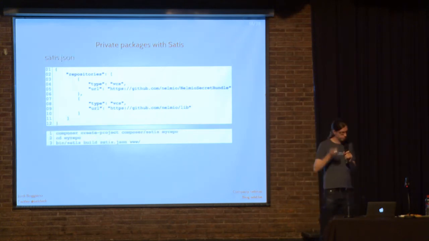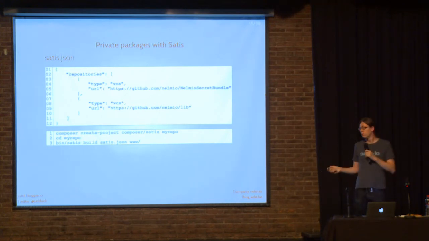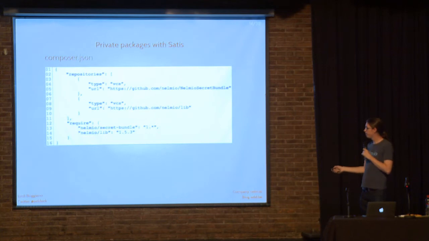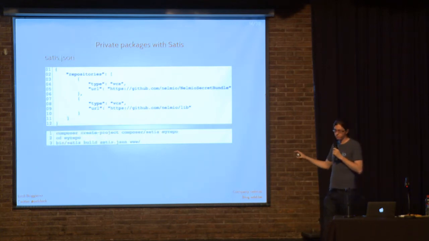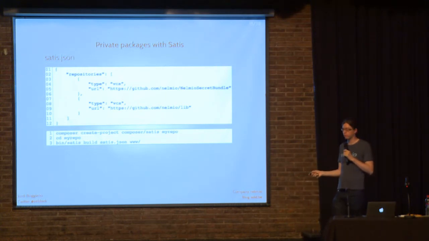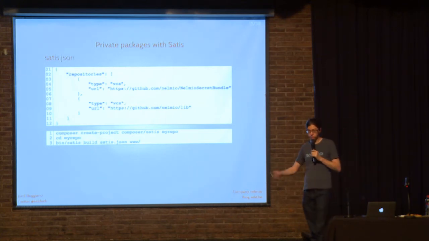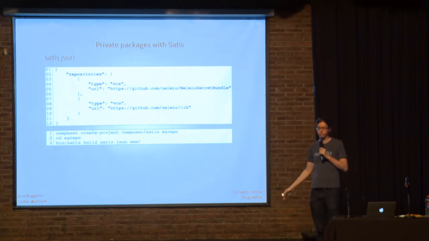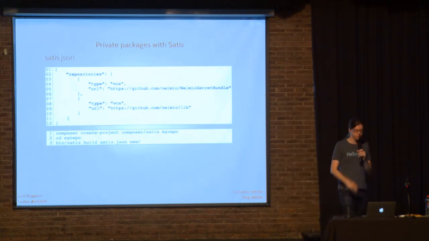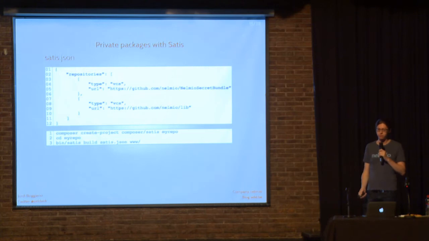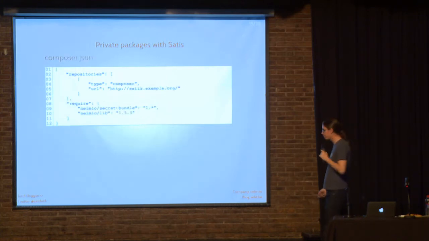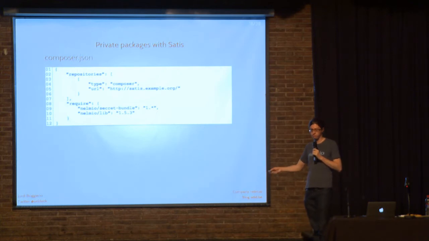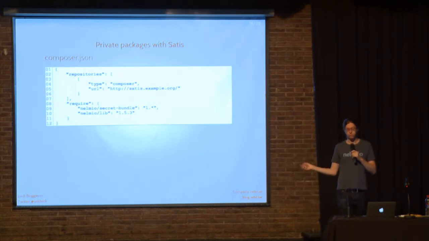So one way to do it is to use Satis, and so you basically take the repositories you had here, you move them out into a satis.json, you install Satis, and then you run it with a cron job. There is this build command, you just run it every 5 minutes or whatever you want, and every time it runs, it will scan all the repositories, do this slow thing, and dump a JSON file that has all the metadata in it, so that in your project, all you have to do is add one repository, which is your Satis repository.